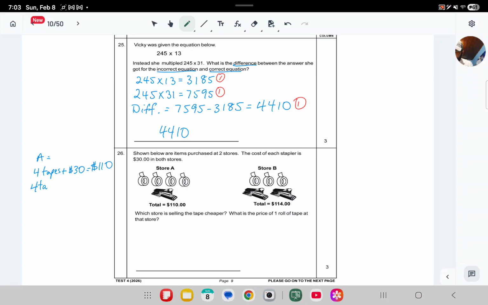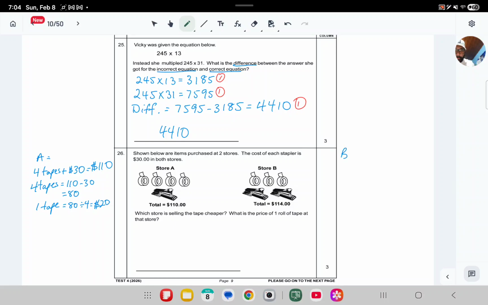So 4 tapes would be the $110, take away the $30, and that will give us $80. So 4 tapes is $80, so 1 tape would be 80 divided by 4, which is equal to $20. So a reel of tape in store A is $20.